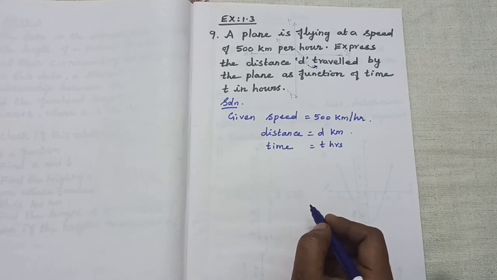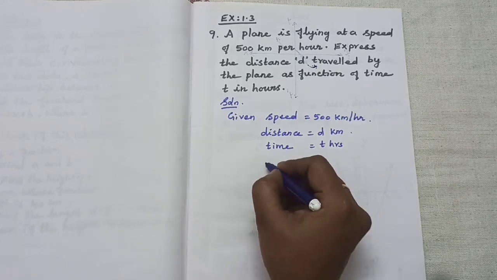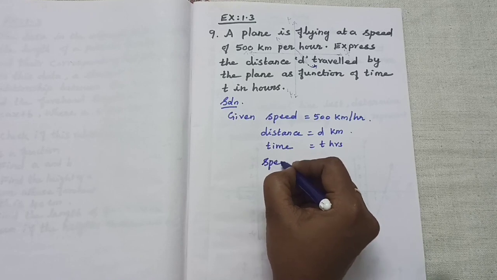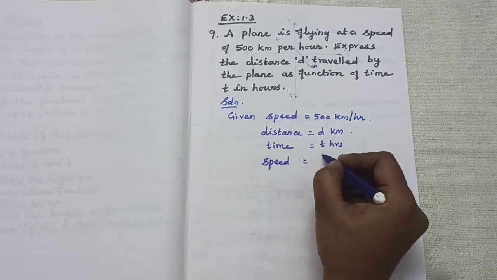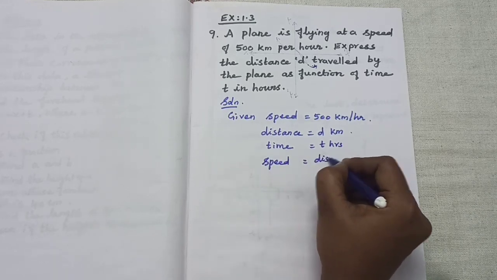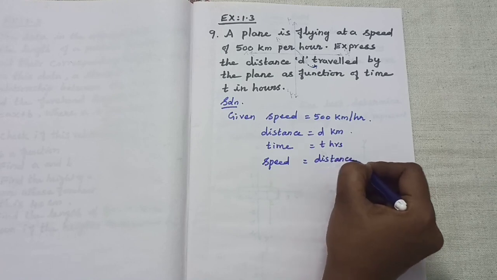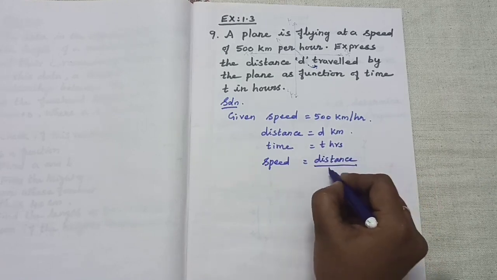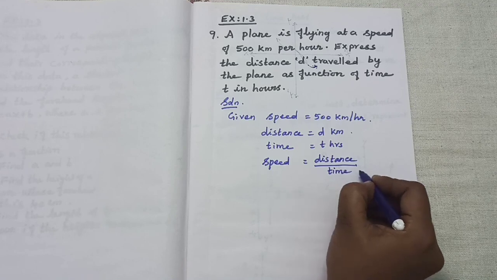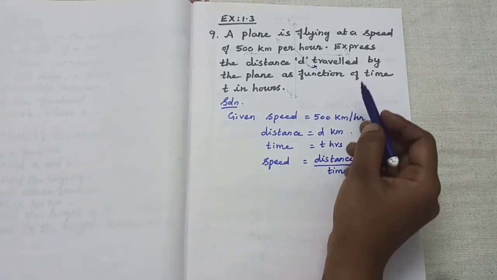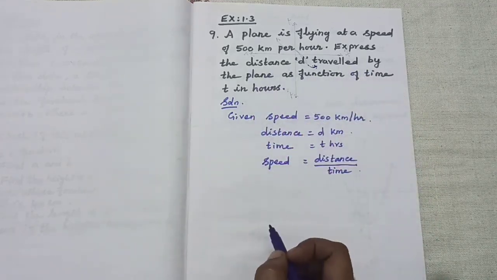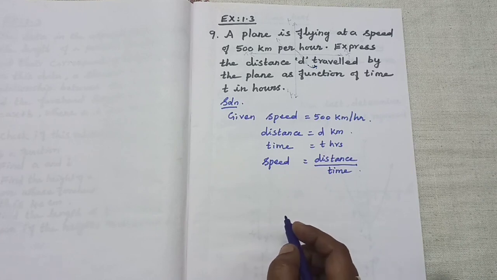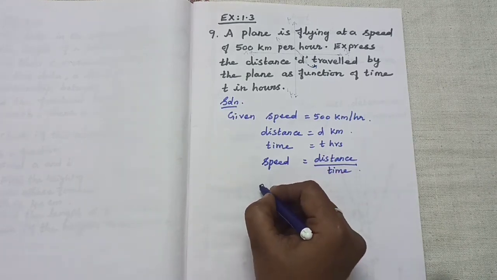Then we know the formula: speed equal to distance divided by time, isn't it? From here, I want to find out, express the distance d. You have to find distance, isn't it?